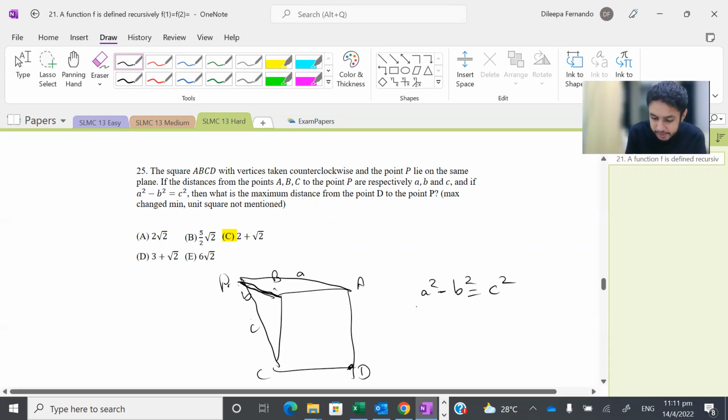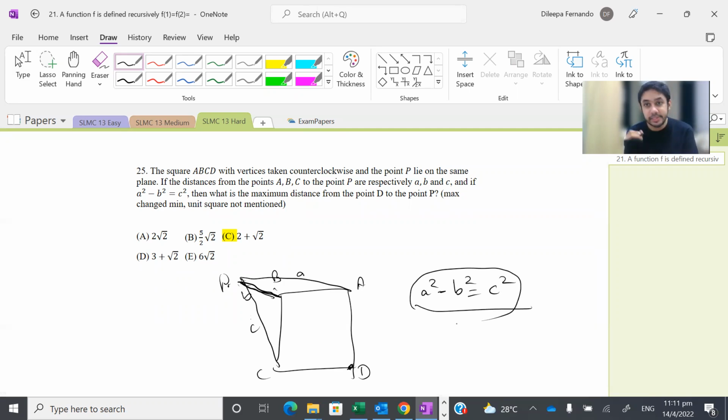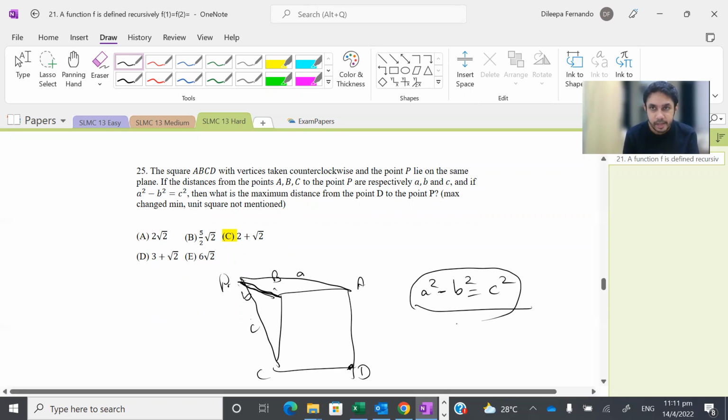When you see this, you can see something. Because you are given this equation, and this equation suggests that point P has some path or a locus. It's not just one point.